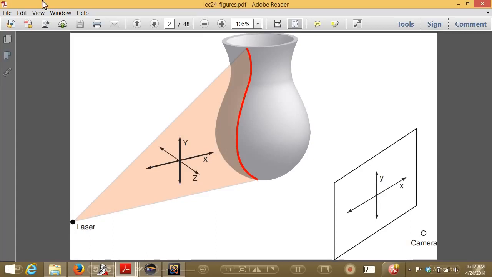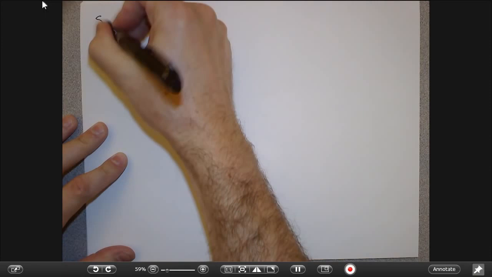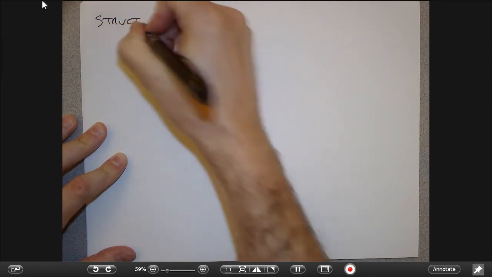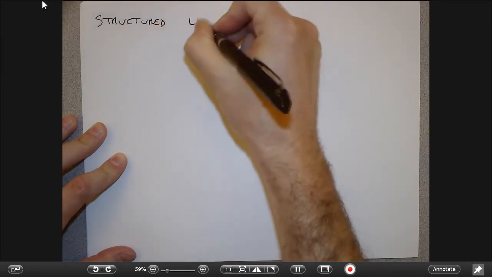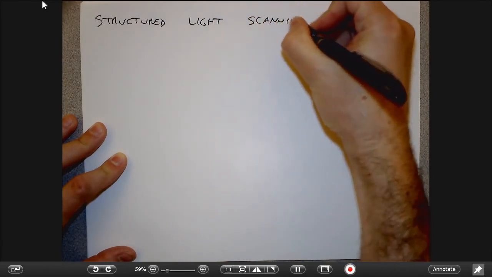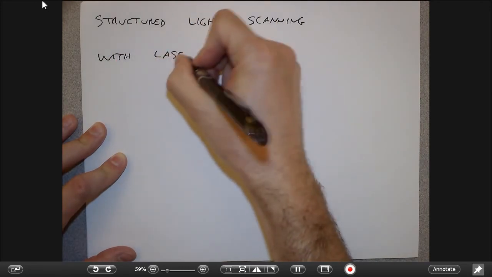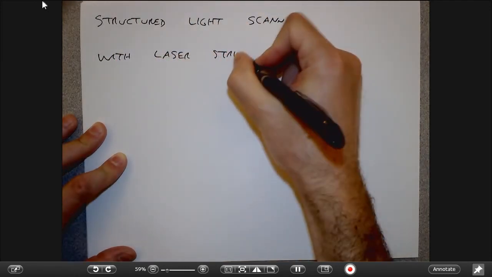I guess let me switch over to my piece of paper here. So, structured light scanning. The first method we're talking about is basically with a laser stripe.